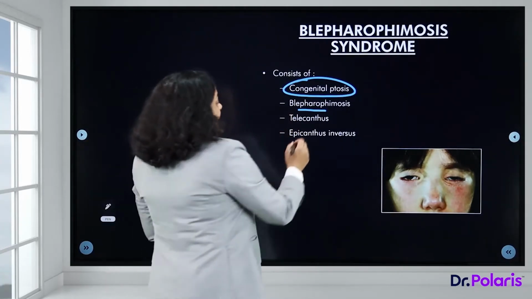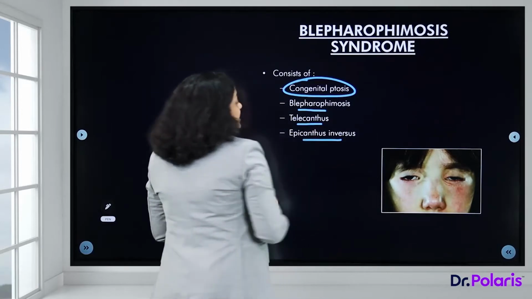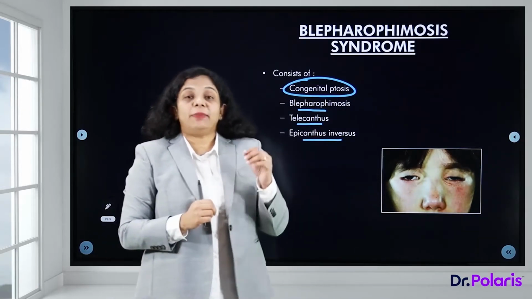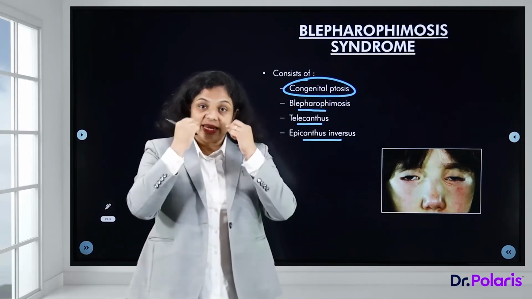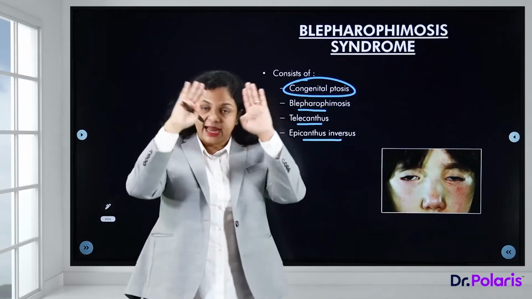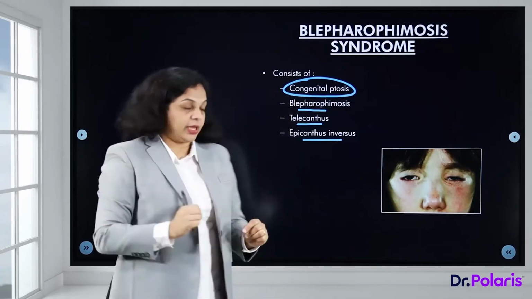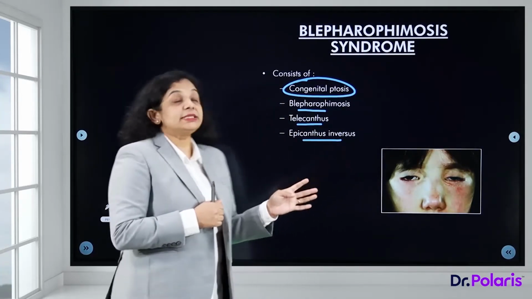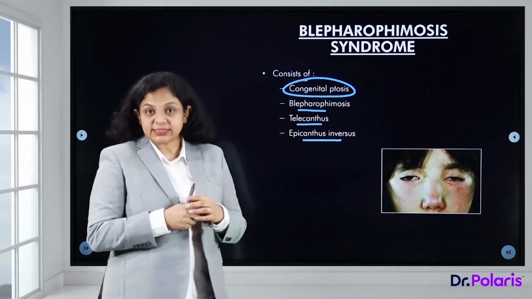And there will be an epicanthus inversus. Epicanthus inversus means there will be an extra fold of tissue which will arise from your lower lids and curve upwards. So these are the 4 components of your BLEPHAROPHIMOSIS syndrome.